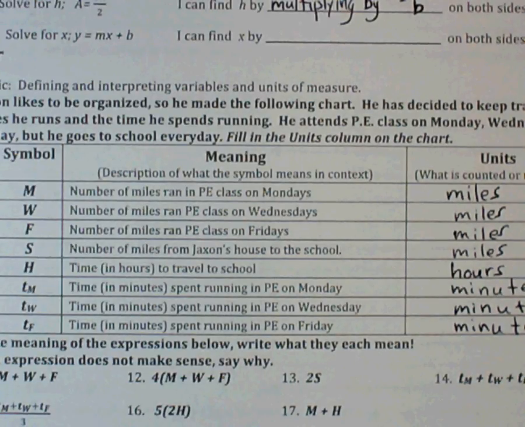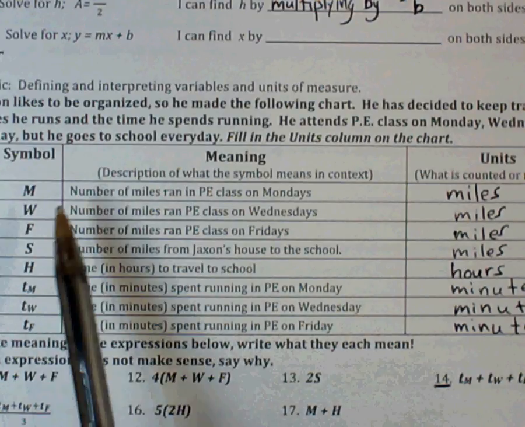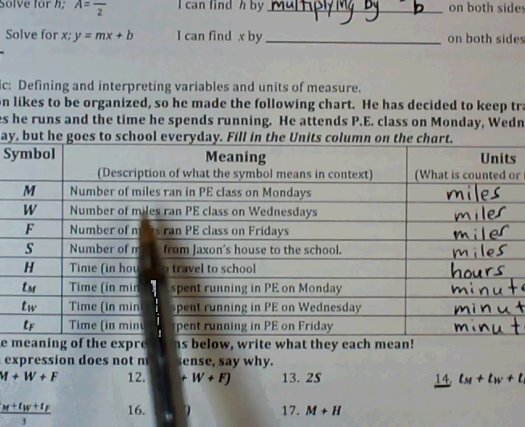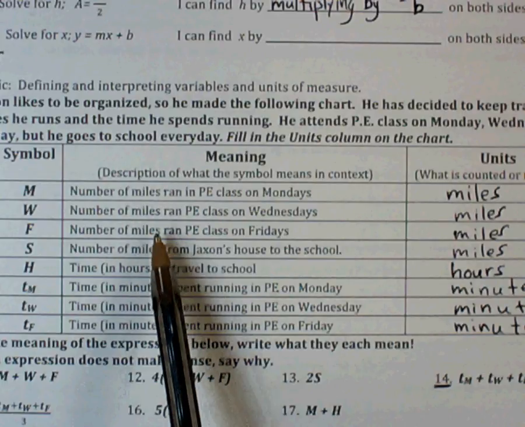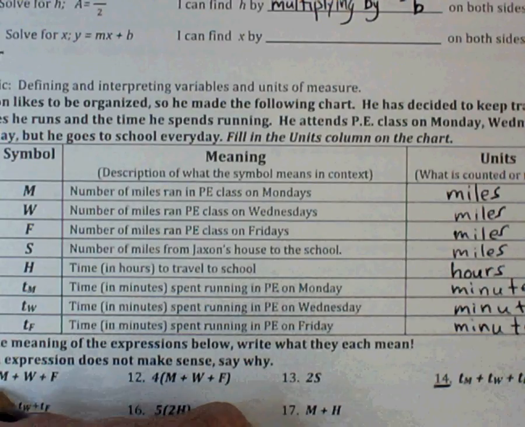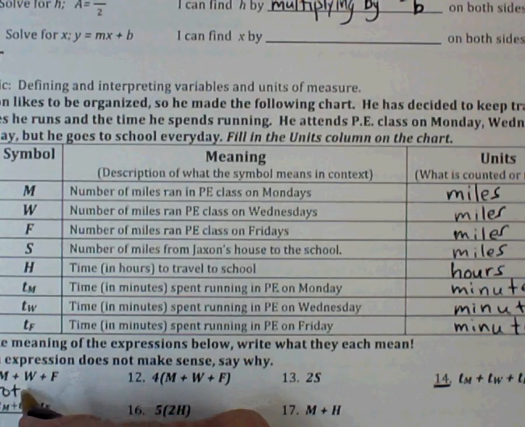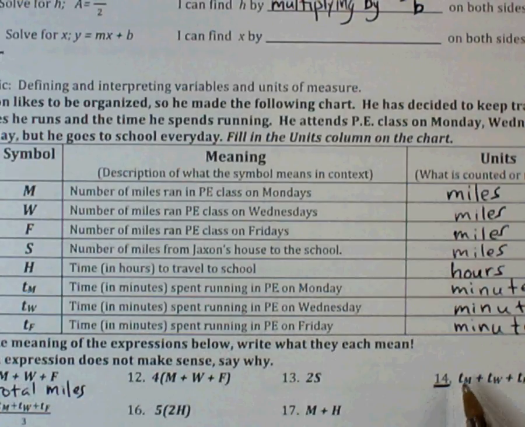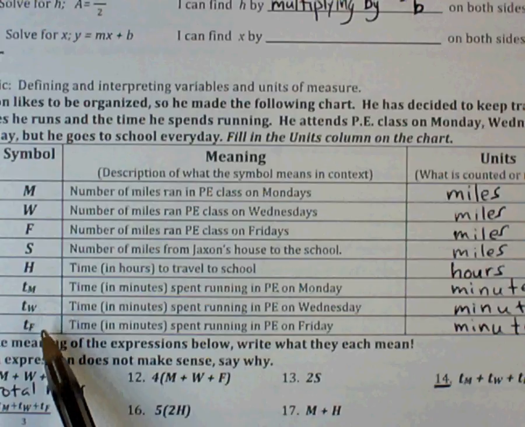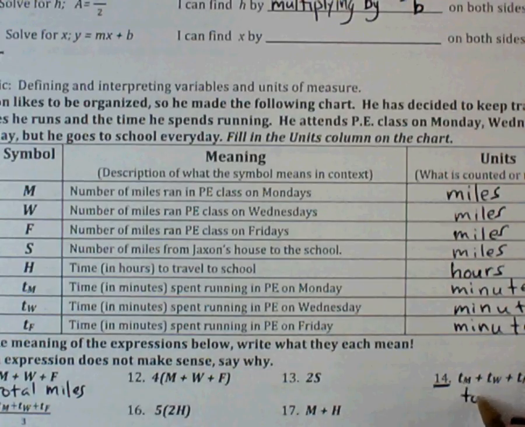Okay, so making meaning of the expressions. Let's look at number 11 and 14 compared together. Number 11 is m plus w plus f. Number of miles ran in each of those days, so it's total miles. Number 14 is the time spent each of those days, total time per week.